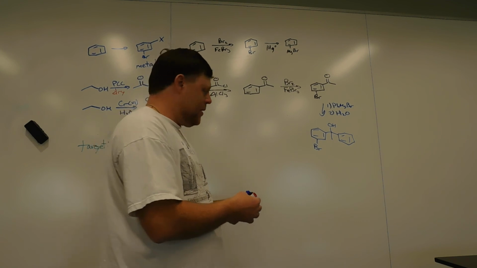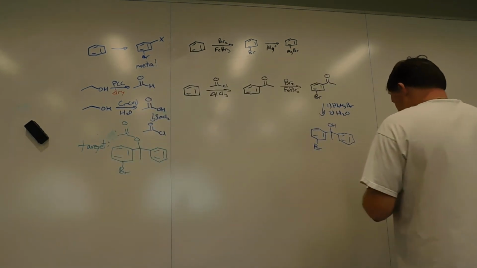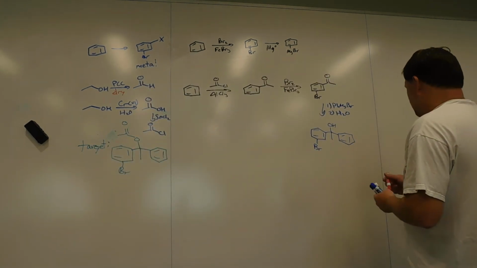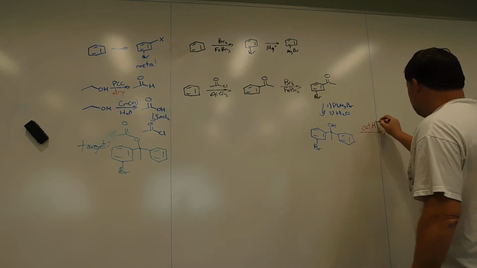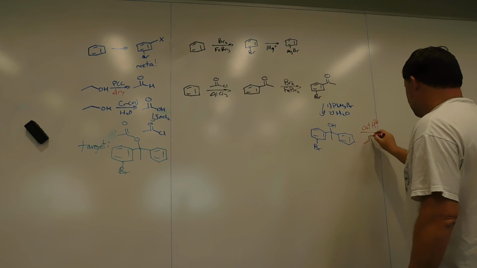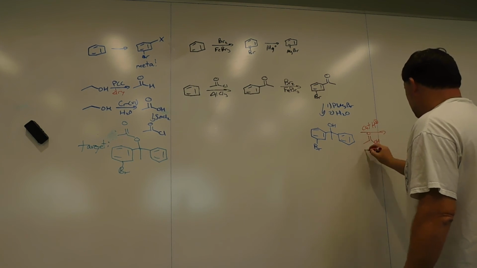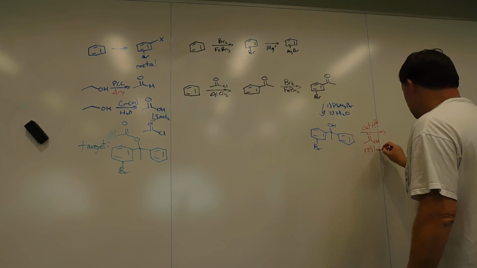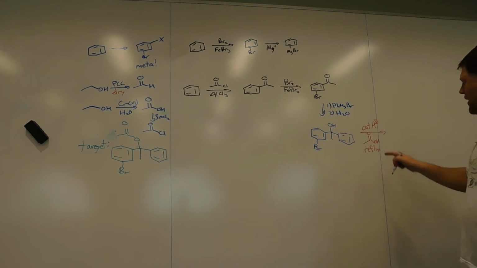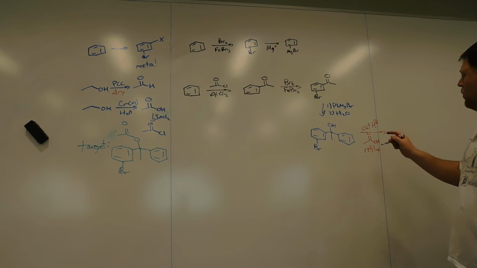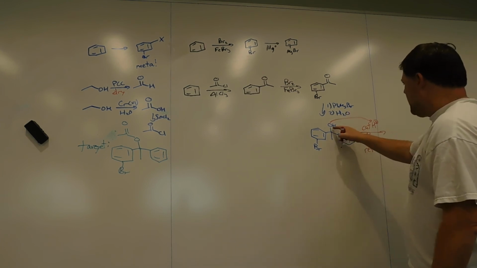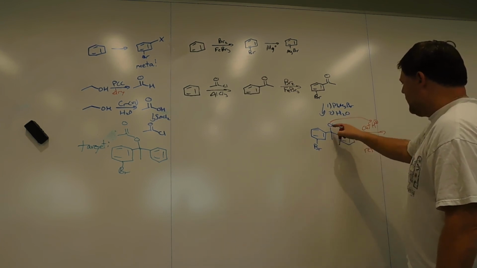So this is sort of going the wrong way: catalytic H+ and acetic acid, and we reflux this. You might get a Fischer esterification between this carboxylic acid and the oxygen, but it'd be really low yield. What you would do is protonate here and then do an E1 elimination.